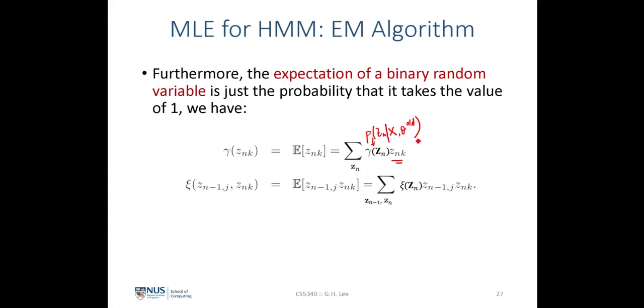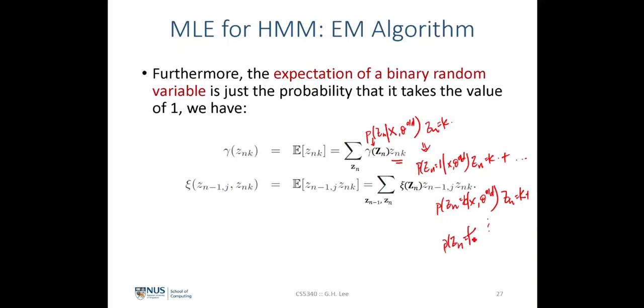This means that I'm going to look at z_n taking a state of k, and marginalize this over all the possible states of z_n, which evaluates to the sum of p(z_n = 1 | x, θ_old) multiplied by z_nk, plus all the way until p(z_n = K | x, θ_old) multiplied by z_nk.